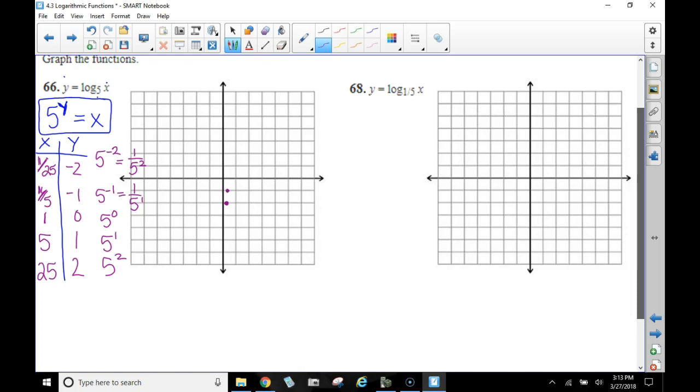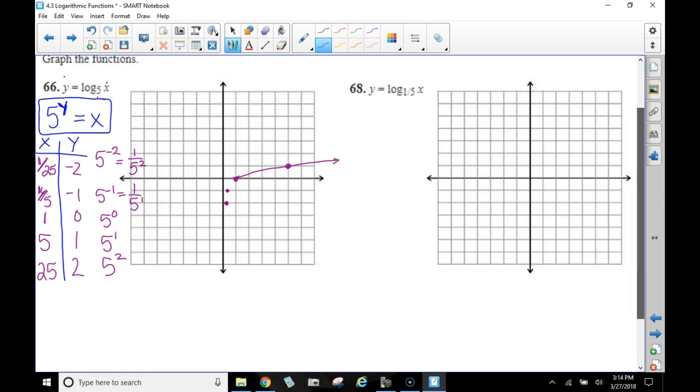We've got to do the best we can there. All right. 1, 0 is here. 5, 1 here. And then I'll keep in mind 25, 2. I will take off and head to that value of 25, 2, right? 25 for x, 2 for y.